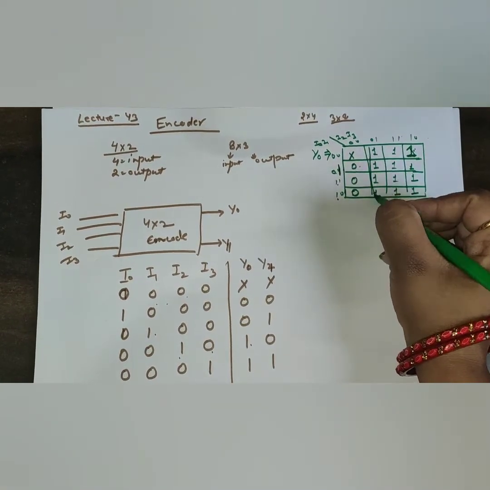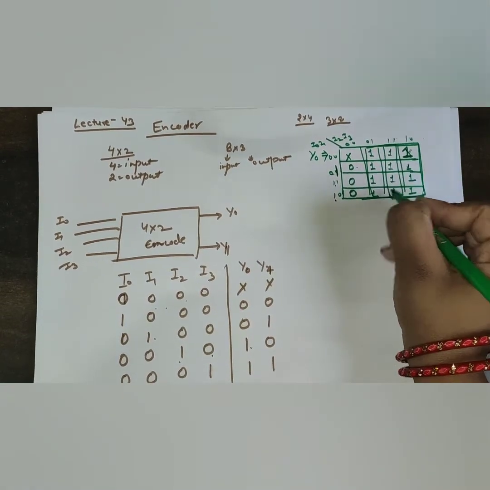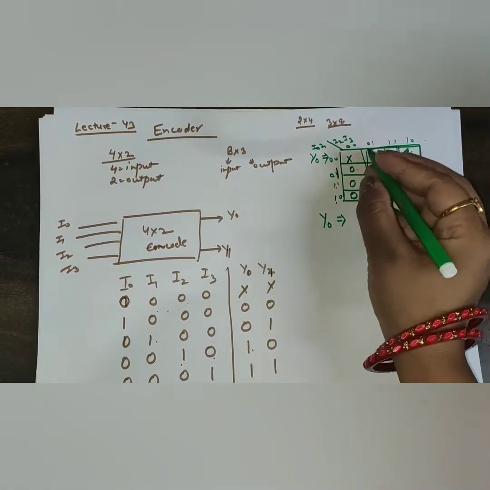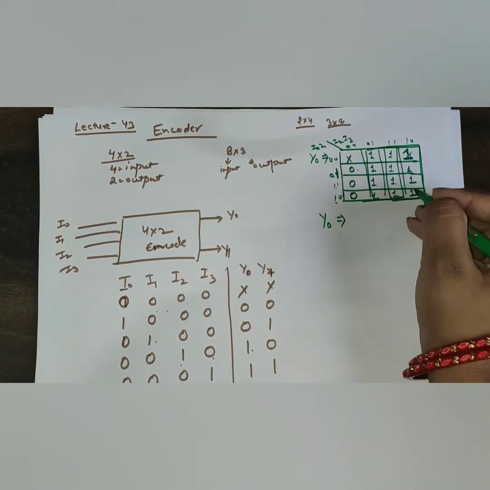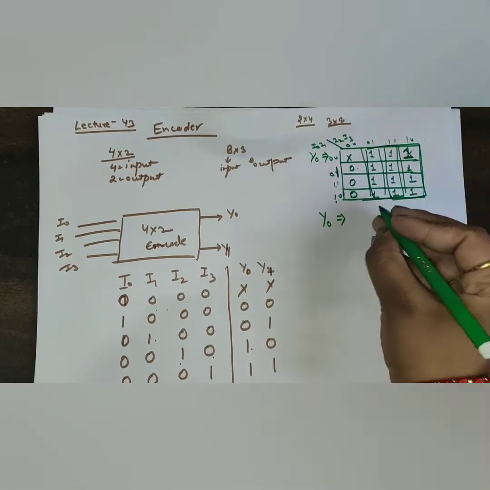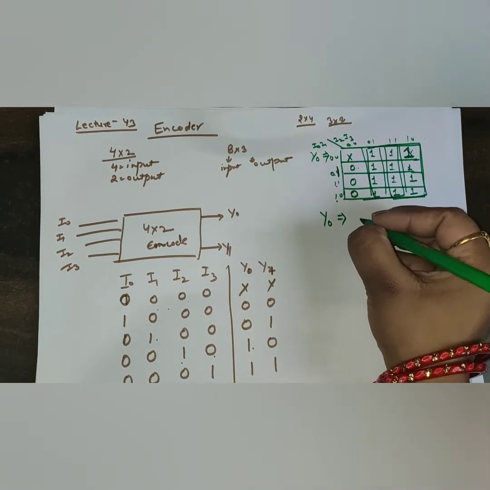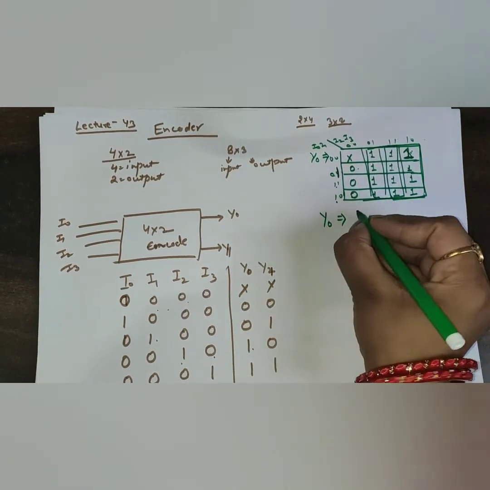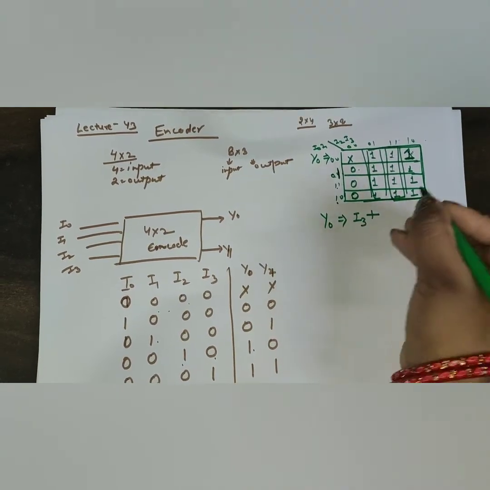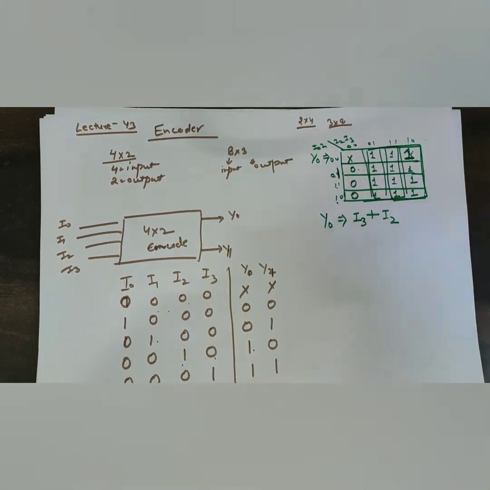So we will make a pair like this and like this. Y0 equals, for this pair, because it is 12 we don't make any pair of 12, we make pairs of 8 and 8 here. So for this, the other variables will be eliminated, and we only have I3, plus for this we only have I2.